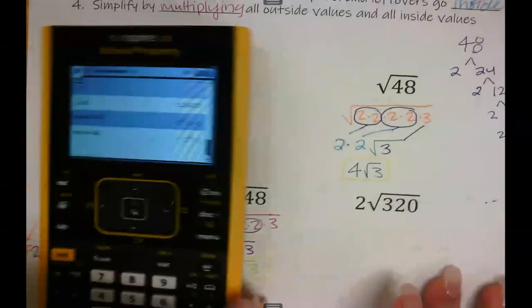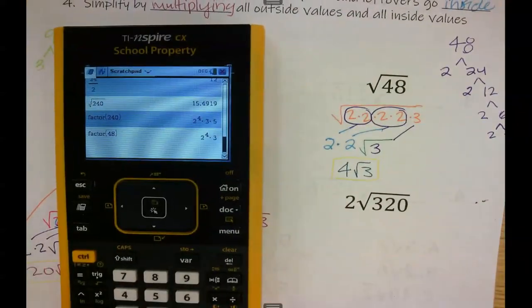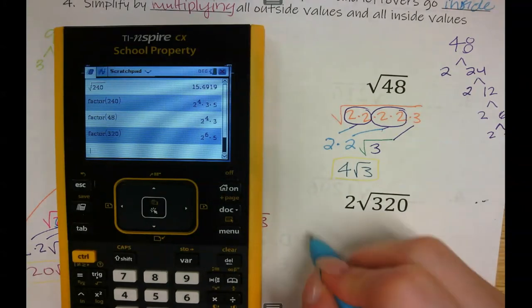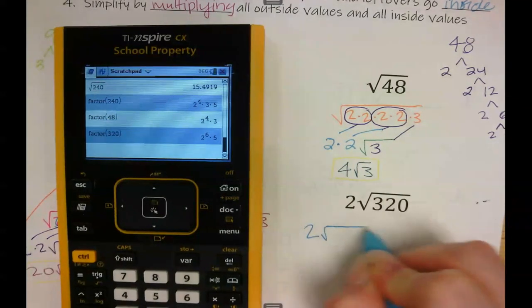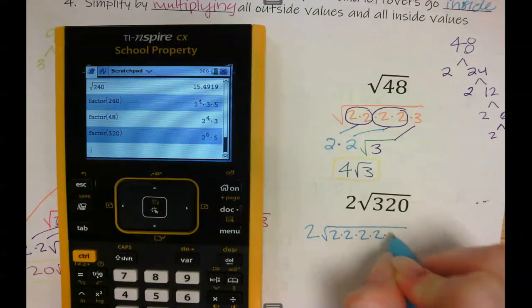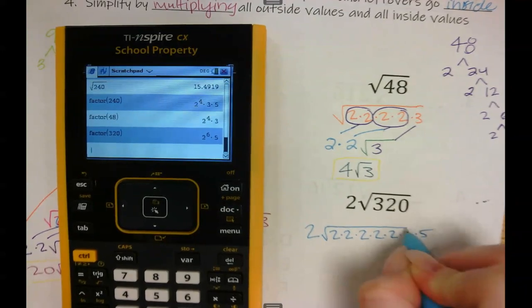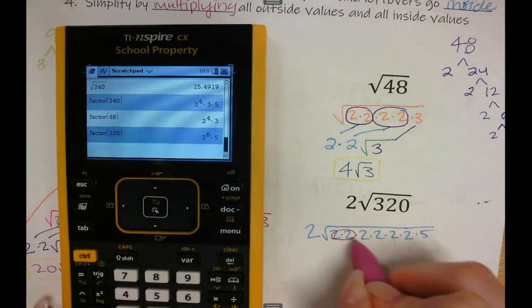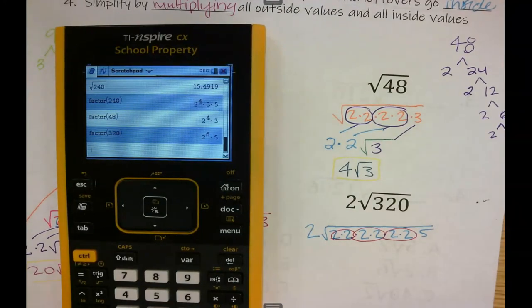All right, one more example. Menu 2, 3, 320. So this time we've got outside a 2, inside we've got 6 2s and 1 5. All right, let's circle our pairs and pull them out.